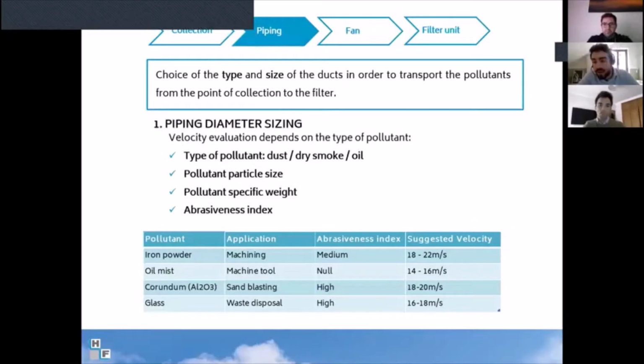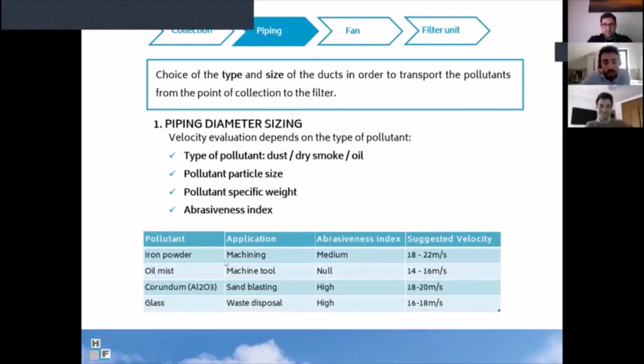If we are talking about millimetric dust or micrometric dust, for example, the specific weight, because it's easy to understand that steel is heavier than, for example, glass, or heavier than oil. And the abrasiveness index of the material.